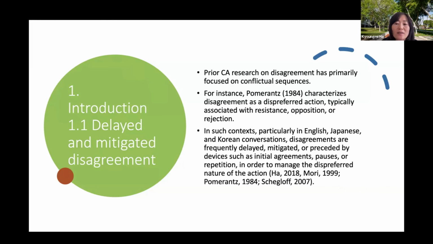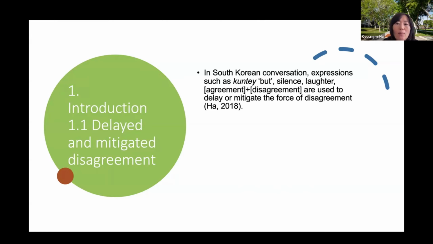In this kind of context, particularly in English, Japanese, and Korean conversation, disagreements are frequently delayed and mitigated, or preceded by devices such as initial agreement, pauses, or repetition, in order to manage the dispreferred nature of the action.